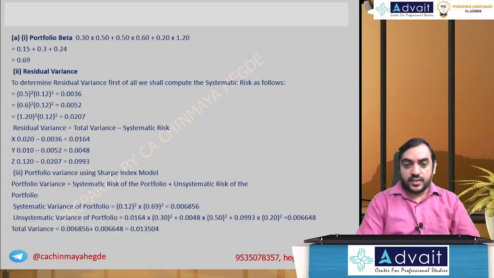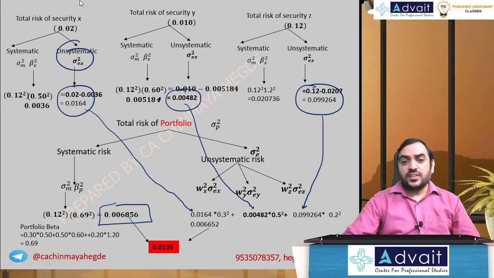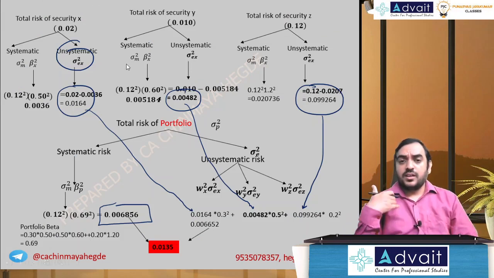Okay, what we got is variance. If I take a square root of this, I can also do standard deviation. As I told you, in the exam always calculate both. We don't know what the examiner will expect.